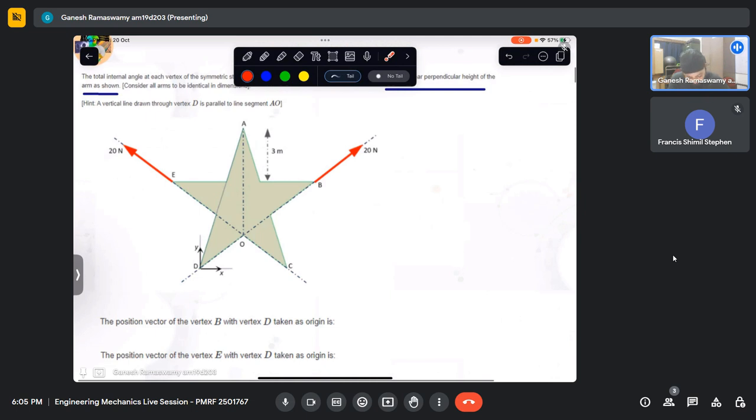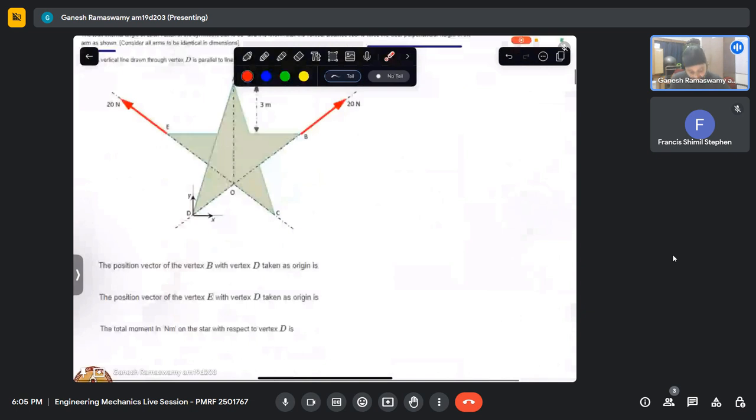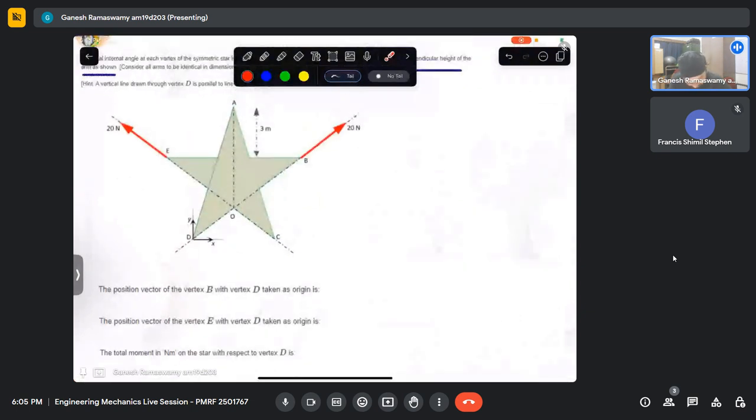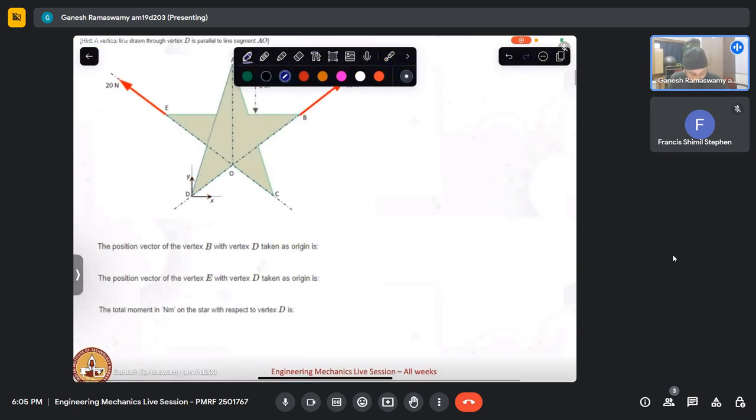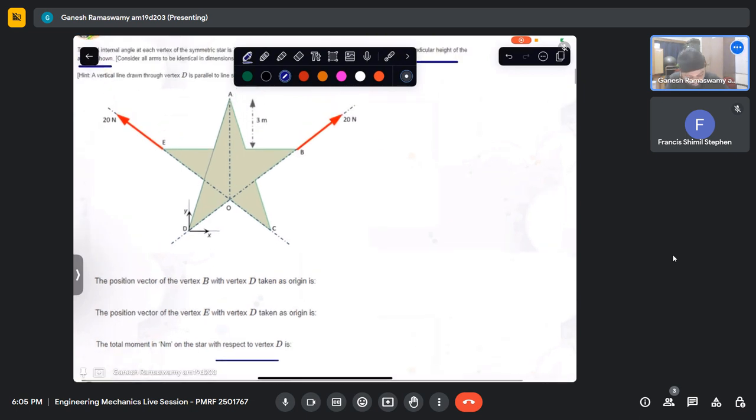Now it says, what is the position vector of vertex B with respect to D? Essentially we have the basis here. And why are we trying to find the position vector? Towards the end, we are trying to calculate the moment about vertex D. So what do we know about moment?